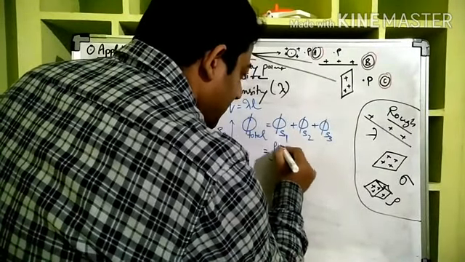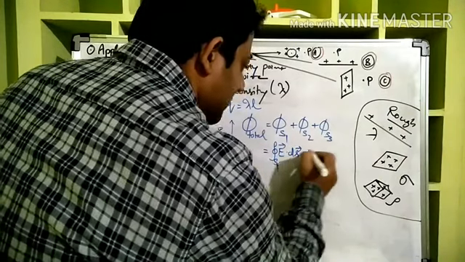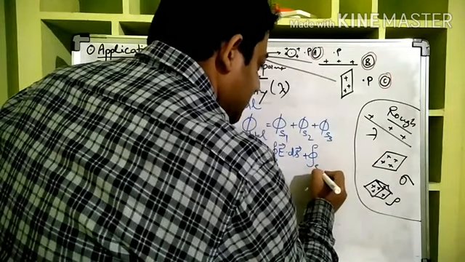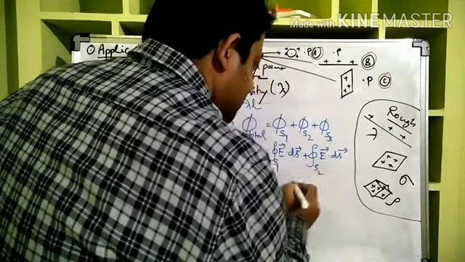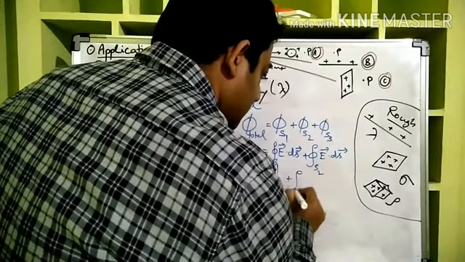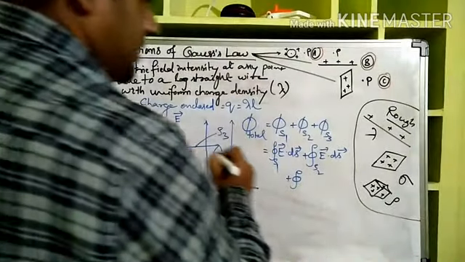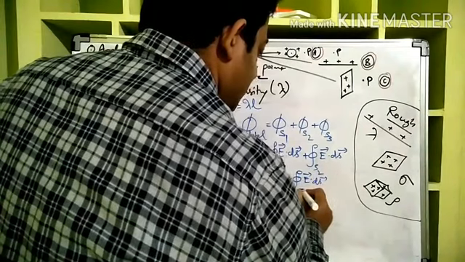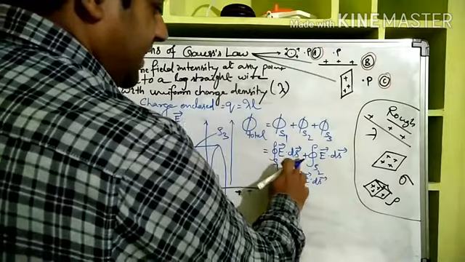This is equal to the closed surface integral of E dot ds about S1. Similarly for S2, the closed surface integral of E dot ds, and for S3, the electric flux phi S3, the closed surface integral of E dot ds about S3, we can find out.